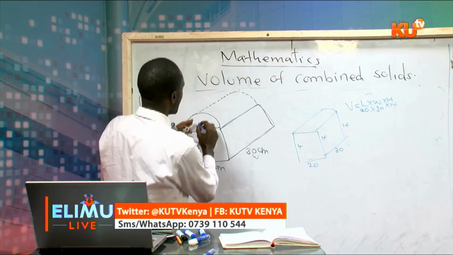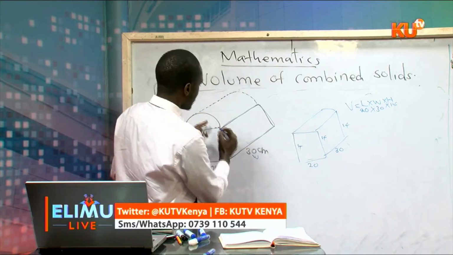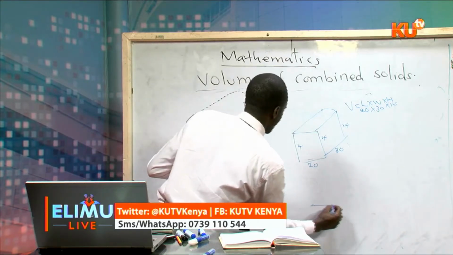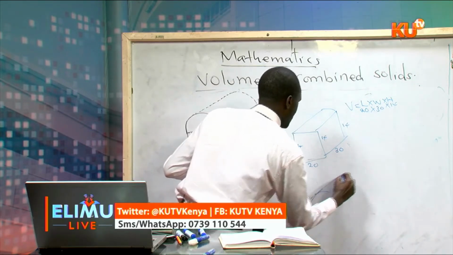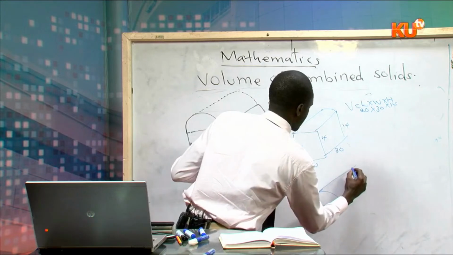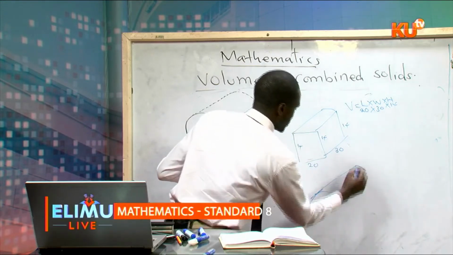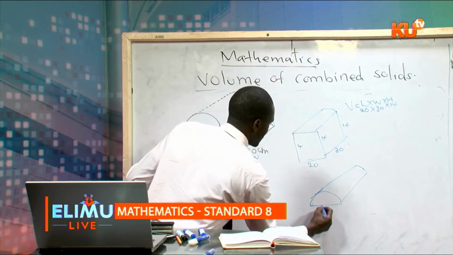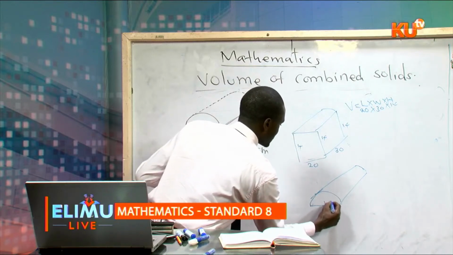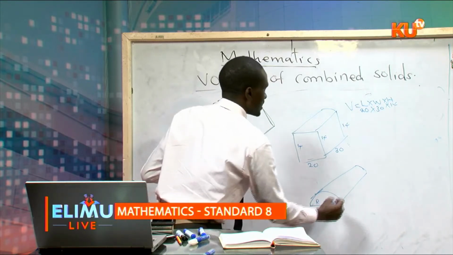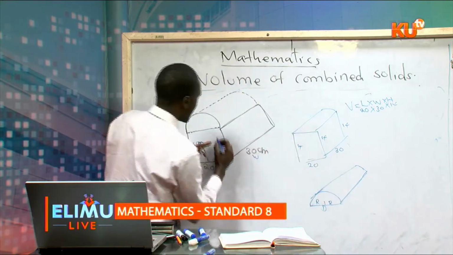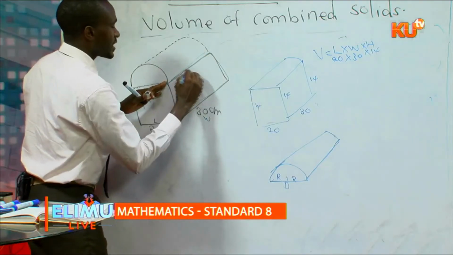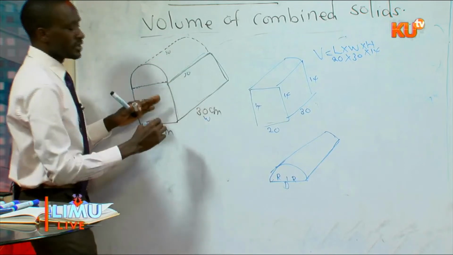Now when you come to volume of a half a cylinder, look at this half a cylinder. It looks like this way. This is diameter and this is radius and radius. Now its height is this one, which is 30, and this is 30.